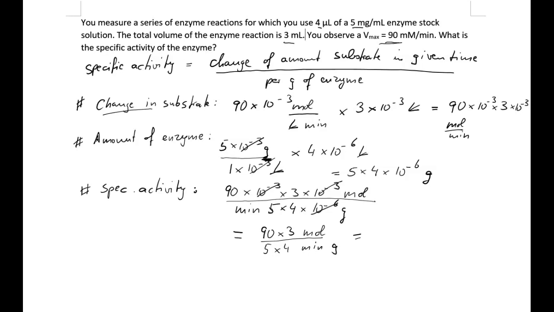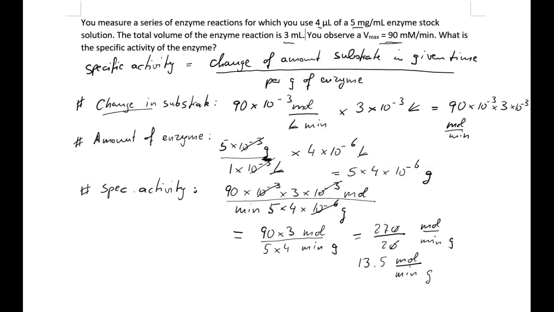And that would give us 270 mole divided by 20, mole per minute and gram of enzyme. We can also write this as 27 over 2, so that would be 13.5 mole per minute and gram.